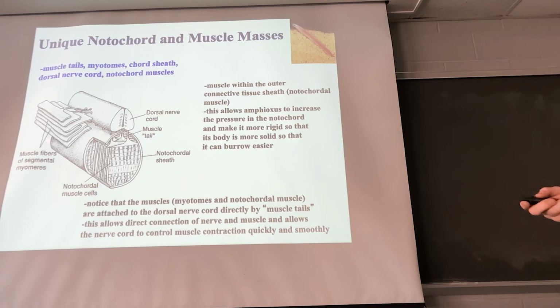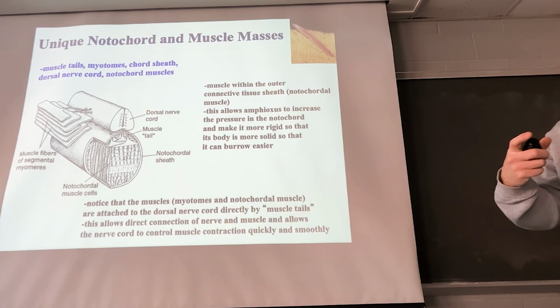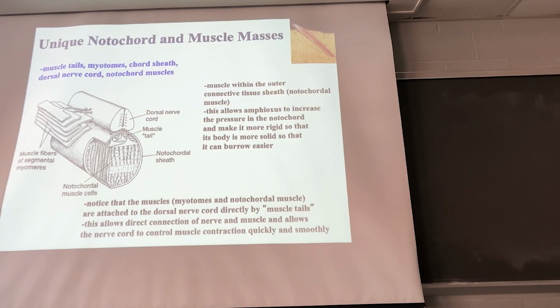Anyway, so the myomeres are lined up, stacked on top of one another, and they have little nerves that run off of them that go into the dorsal hollow nerve cord. And the nerve cord is obviously part of the central nervous system and controls the contraction of those, right?